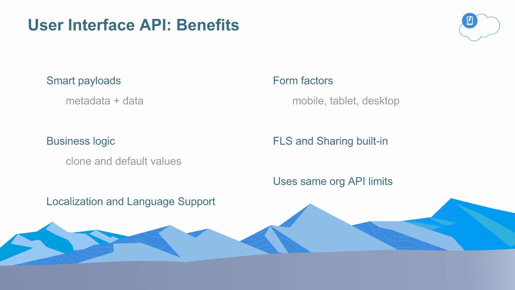You're good to go. And this is what we do already for Salesforce, the mobile app, as well as Lightning Desktop. And the other cool thing about our API is that it uses the same API org limits that you are probably already familiar with if you're using other Salesforce APIs, so there's nothing different about that either.